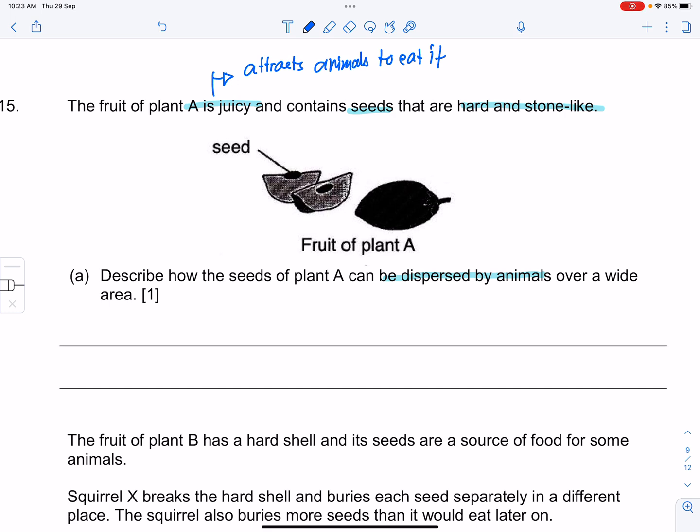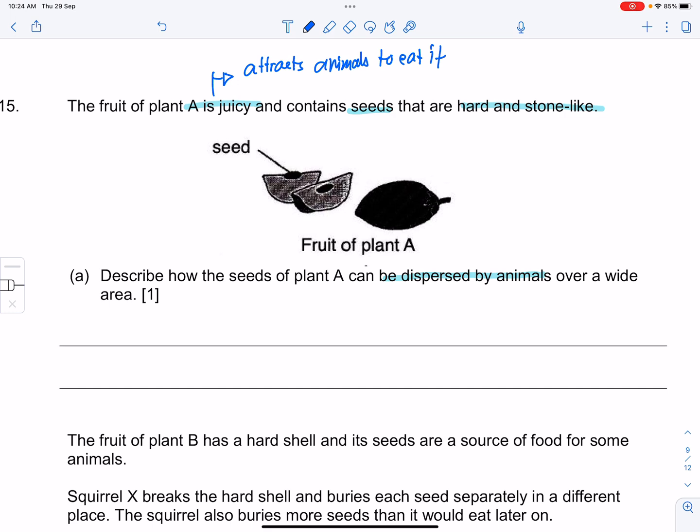However, at the same time, we also need to see that we do not over anticipate what the question wants us to answer. Some of you would say, oh, to swallow the small seeds. But the case is, the question did not tell you that the seeds were small. Okay, you assumed that's not the case.